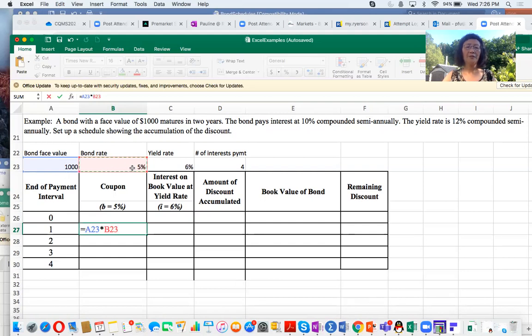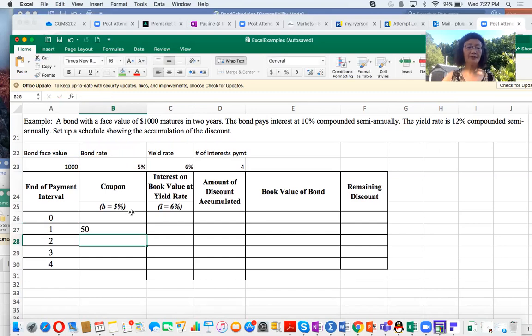Because this payment is fixed for all the payment periods, I need to use absolute cell reference so that when I copy down the formula, the number will be fixed. So this is basically 1,000 times 5%.